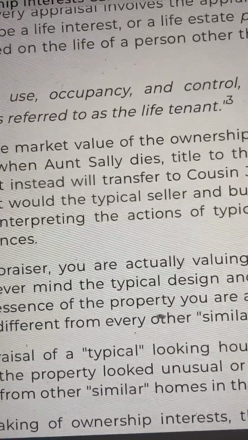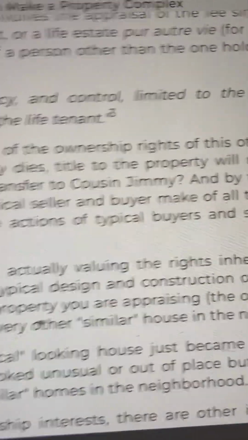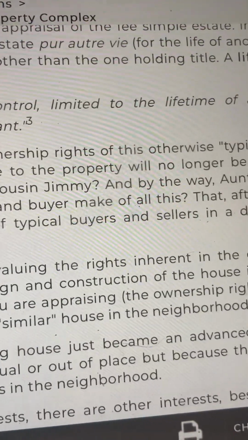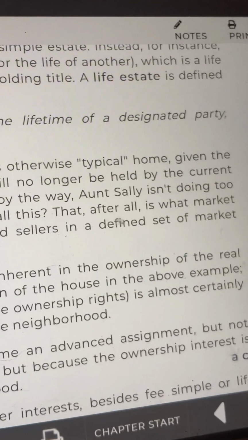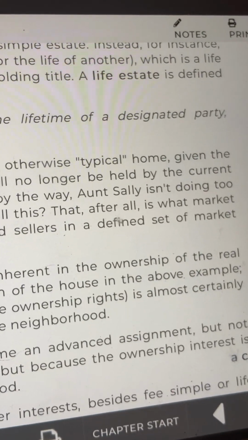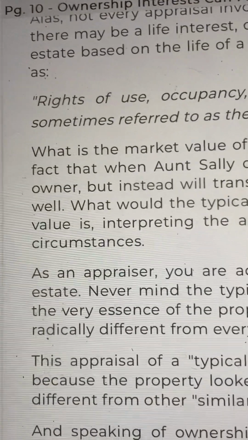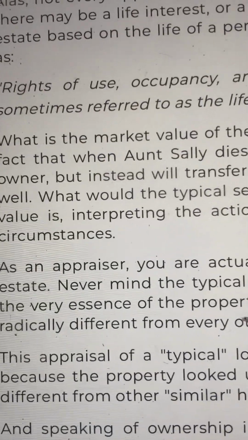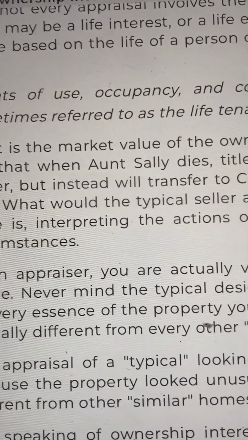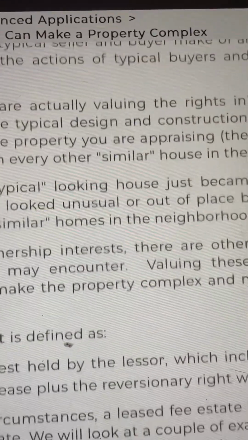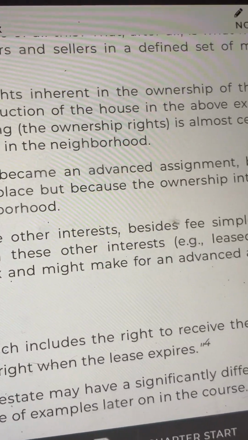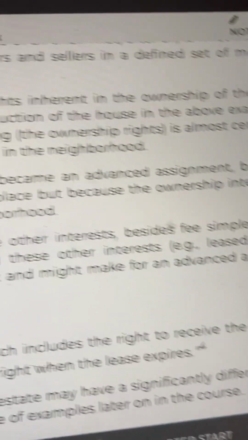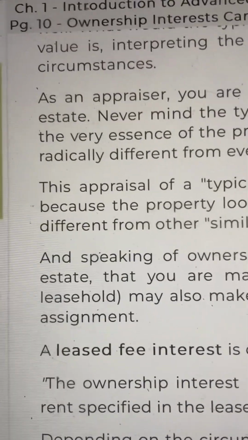What would the typical seller and buyer make of all of this? That, after all, is what market value is. Interpreting the actions of typical buyers and sellers in a defined set of market circumstances.